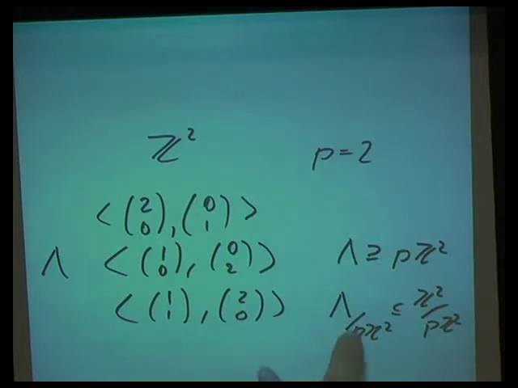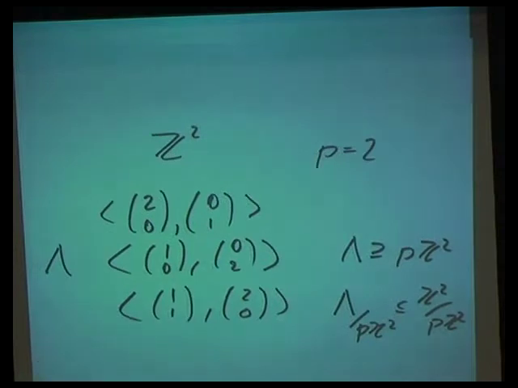And this subgroup here is a line in this two-dimensional plane. So you have as many index 2 subgroups as you have points in the projective line over the field with P elements, which is always P plus 1. So this is the right number if you want to have an averaging procedure.